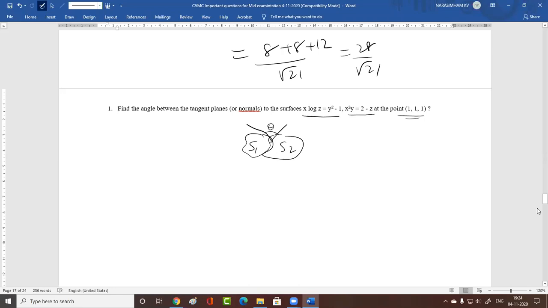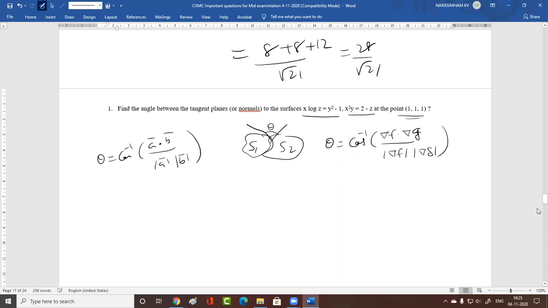Finally we will find the angle theta equals cos inverse of del F dot del G by mod del F into mod del G. Using the simple formula, if you want to find the angle between two vectors, cos inverse of A bar dot B bar by mod A bar into mod B bar. Here A bar is nothing but del F, the normal.